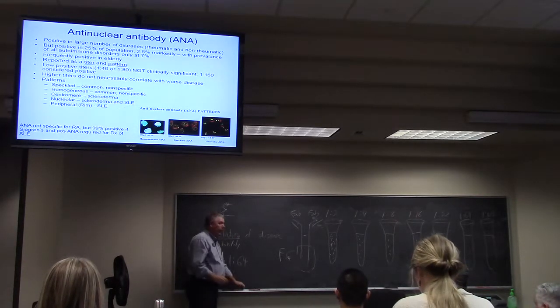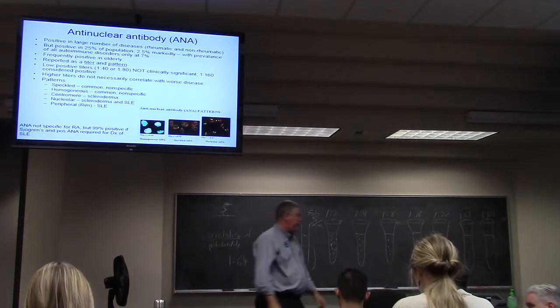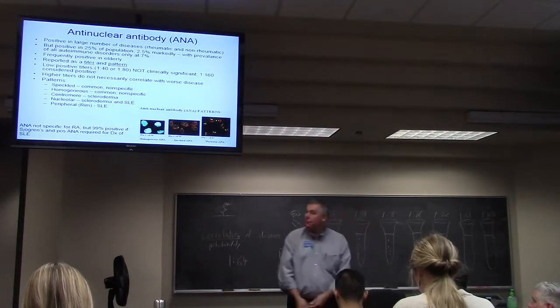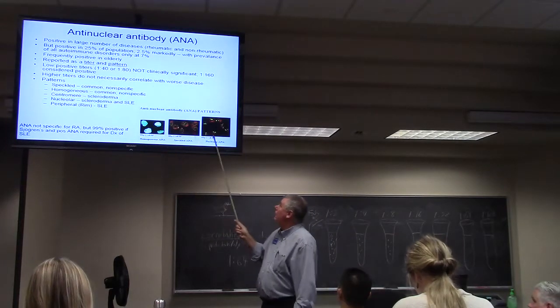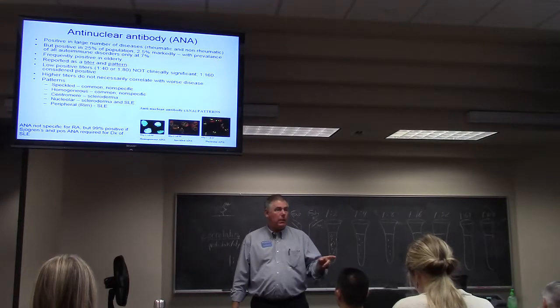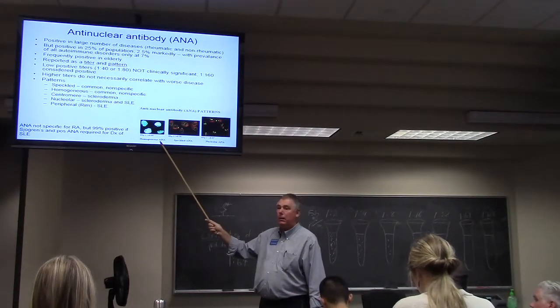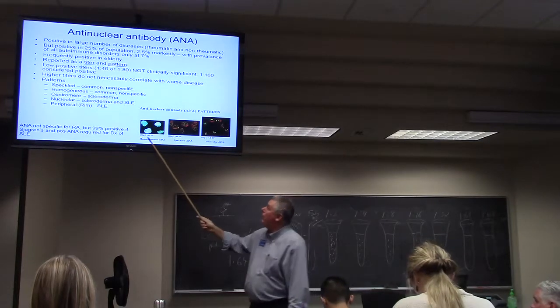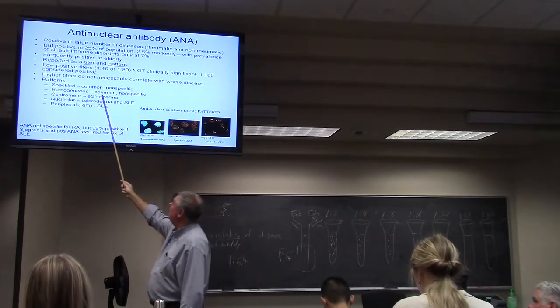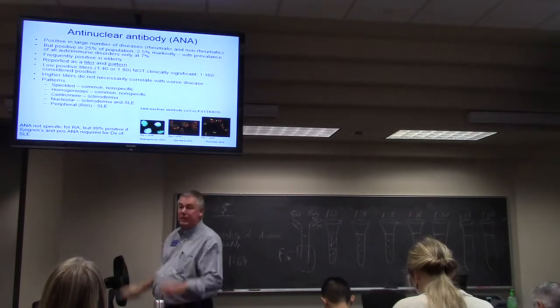And under ultraviolet light, fluorescein will glow. And that's what you see down here in the bottom. So you'll get a pattern. If it's homogeneous, then if you look up here, homogeneous is commonly seen, and it's nonspecific.